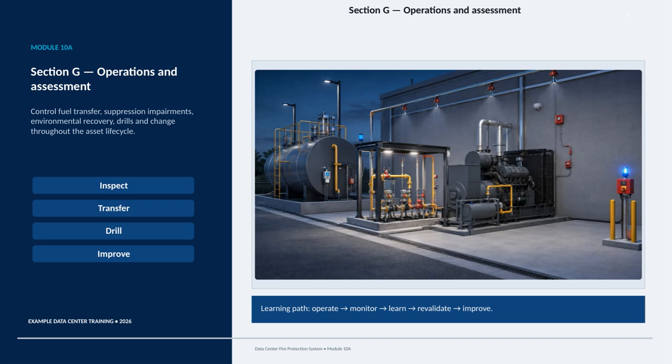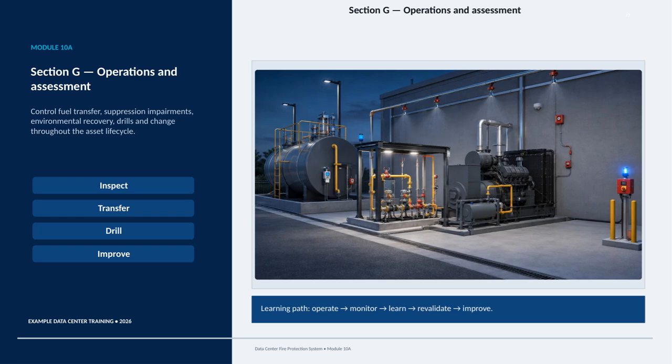Transfer focuses on controlled fuel transfer, with attention to how that activity is managed within the operating environment. Drills help people practice their response, while also revealing gaps that may not be visible during routine work. Improvement closes the loop by using what we observe and learn to strengthen the overall approach. The learning path is operate, monitor, learn, revalidate, and improve.